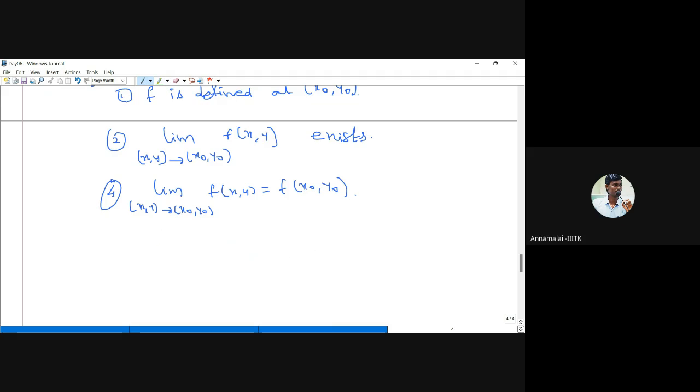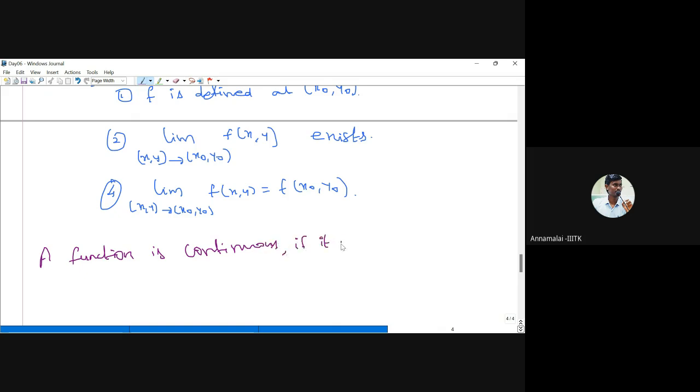So the next note is, if a function f is continuous, then it is continuous at every point. A function is continuous, then what does continuous mean?